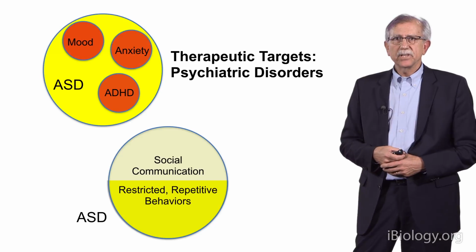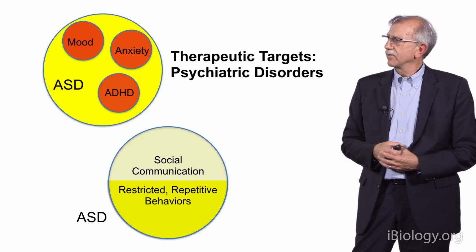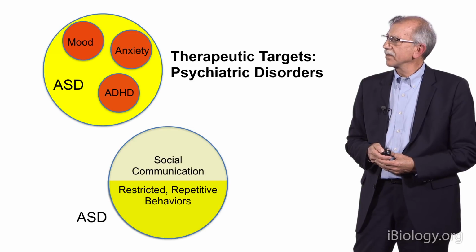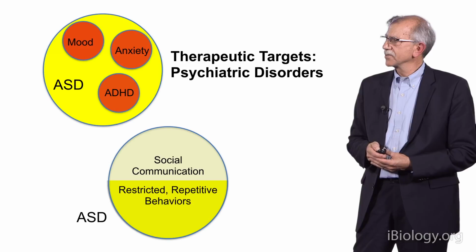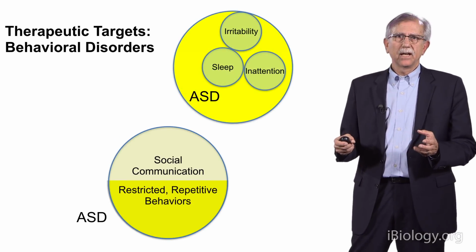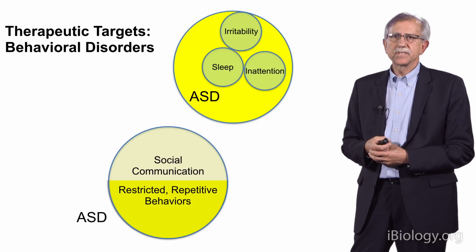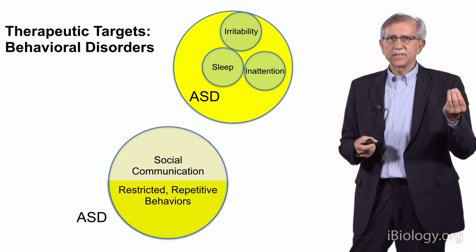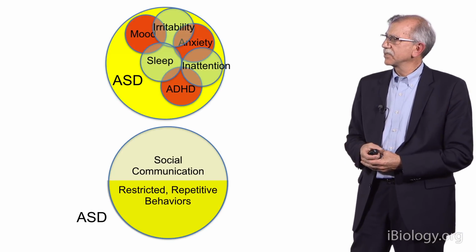We also have therapeutic targets that include the psychiatric disorders that I highlighted from the Kaiser database, and there, again, multiple groups have described increased risk for psychiatric disorders in autism. And then we have therapeutic targets that involve other behavior or other factors that don't necessarily rise to a specific psychiatric diagnosis, but nonetheless could be significant targets.